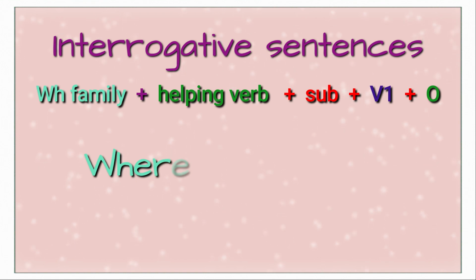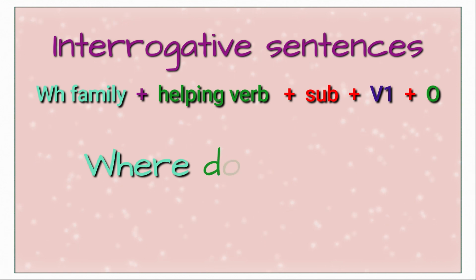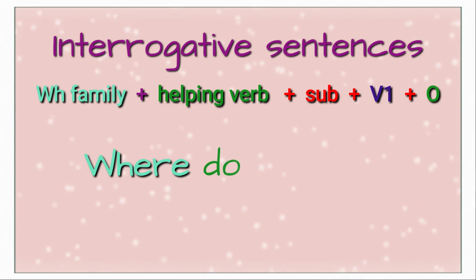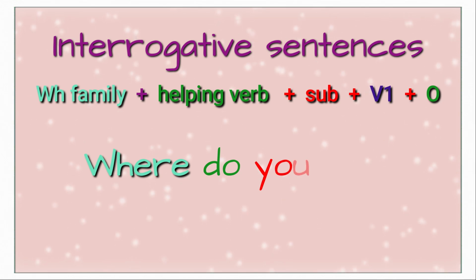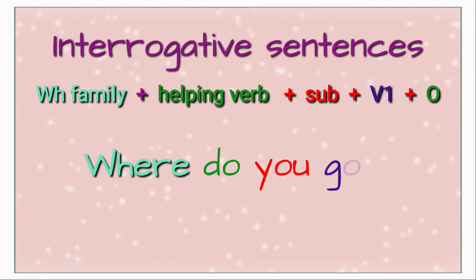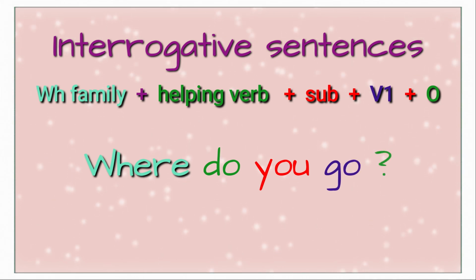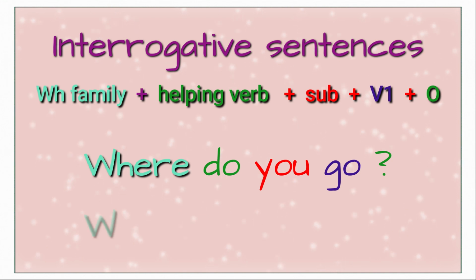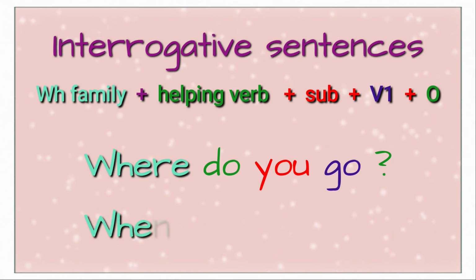Where, WH family. Do, here the subject is you, so we have used do. Then first form of verb. Here there is no object. It's not necessary that an object is required all the time. Without an object also you can complete the sentence.